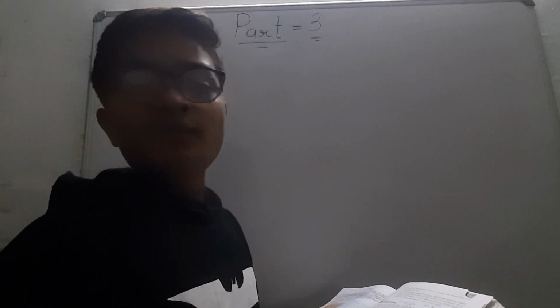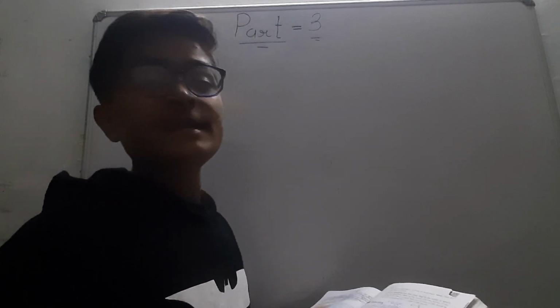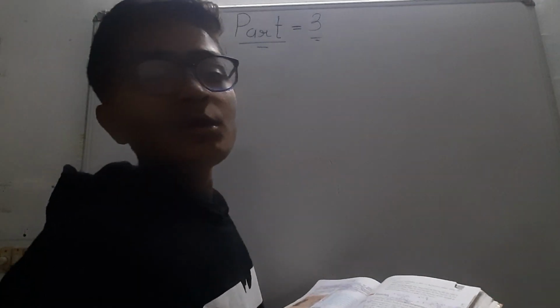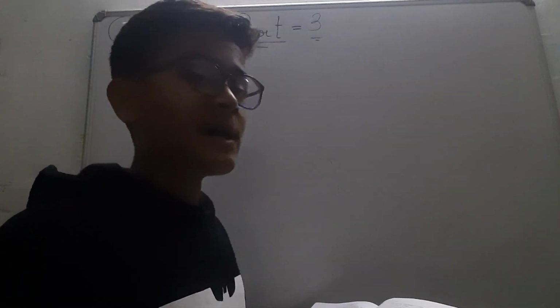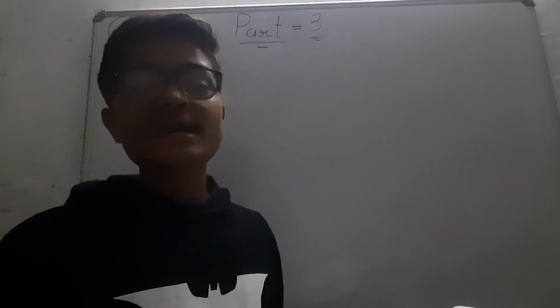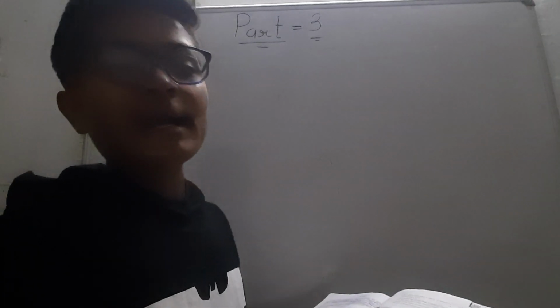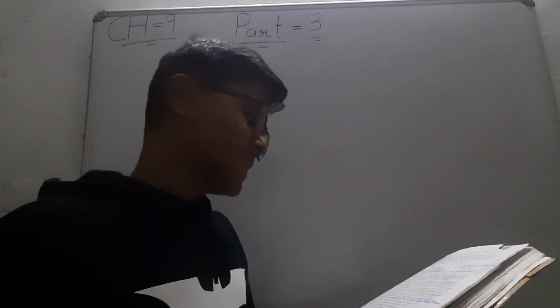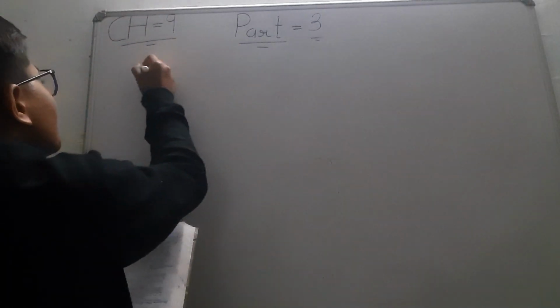The mass of the moon is very less, and the mass of the earth is more. That's why the earth attracts the moon, and the moon does not attract the earth. Here is the answer of question number 5. Let's move ahead.